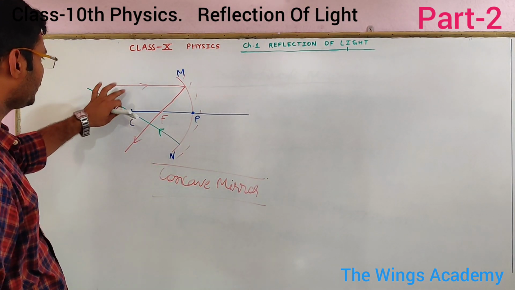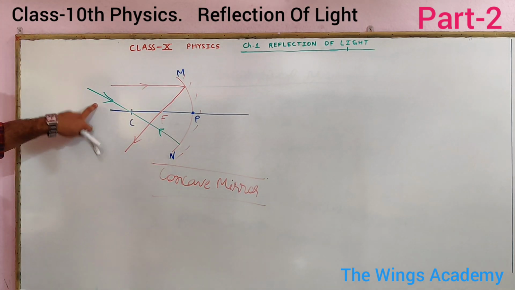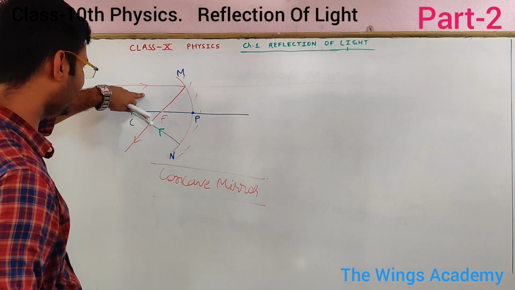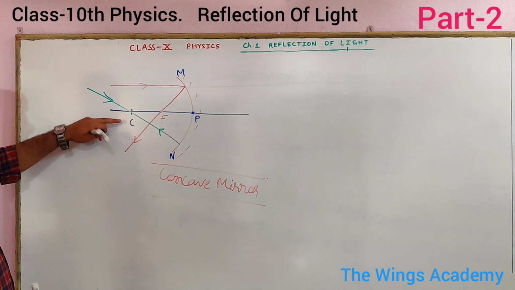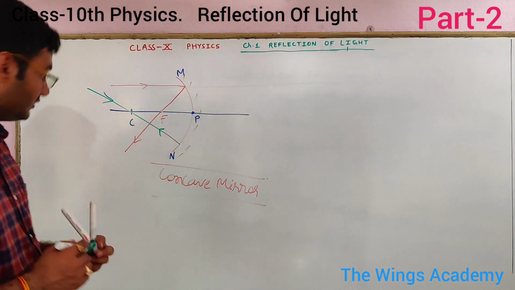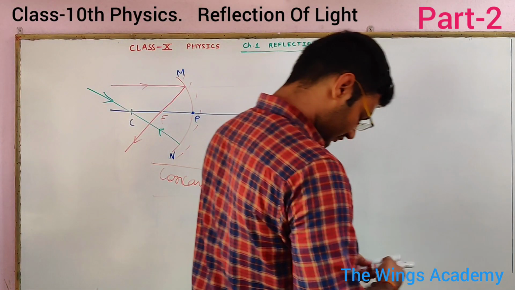So these are two important rays for image formation. The first one is parallel to the principal axis, and the second one goes through the center of curvature before and after reflection.